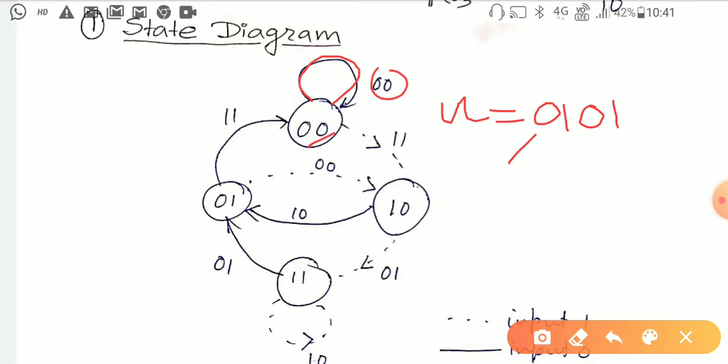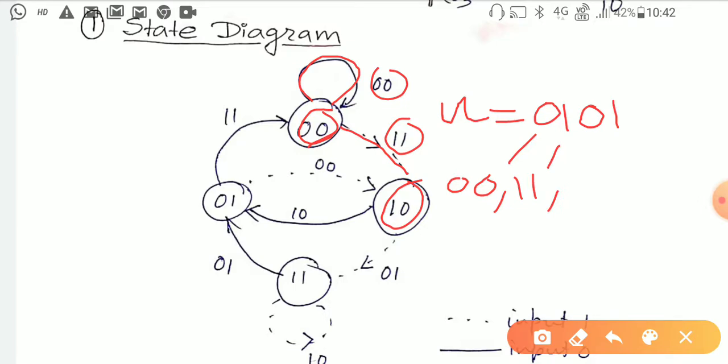So for the 0, the code word is 0 0. Now 1 comes as the input, so from state 0 0, due to the input of 1, it becomes 1 0, and the output is 1 1, so you put the value 1 1.